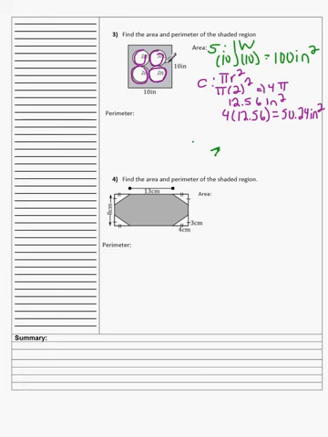So to find the area of just the shaded region here, we can take the area of my square and subtract out the area of my circles, and we will get 49.76 inches squared for the area.